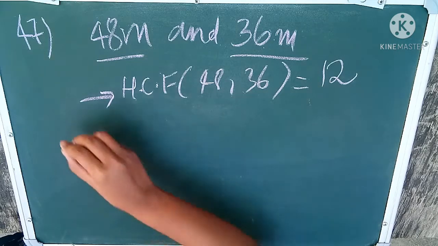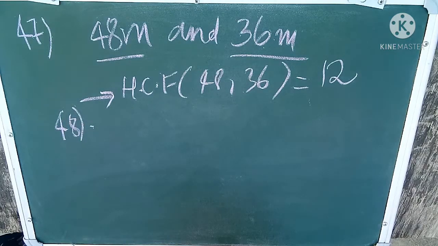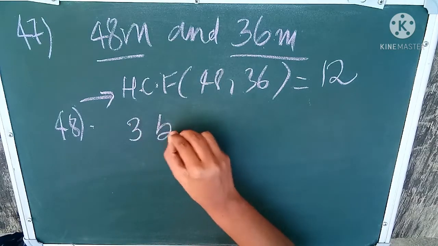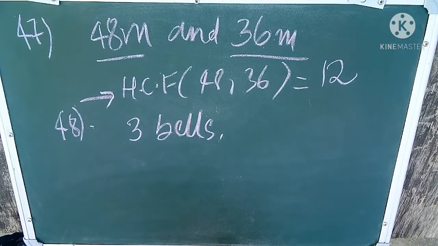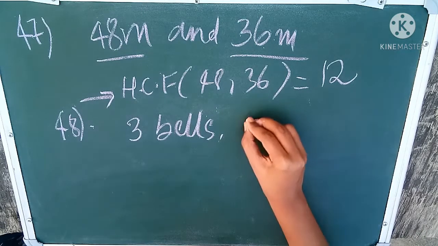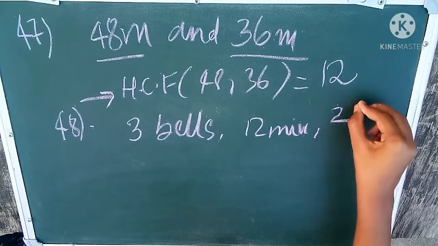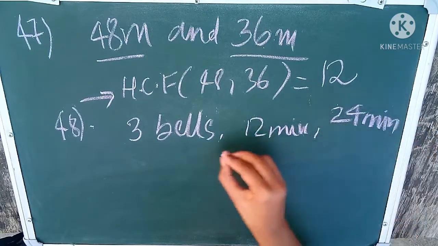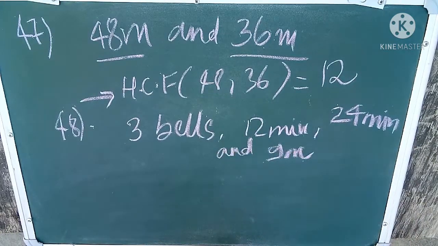Another question, question number 48. This is also the same. Here also we have to arrange the given options into correct order, but the question here says that we have 3 bells, and all the 3 bells toll after the intervals of 12 minutes, 24 minutes and 9 minutes respectively.